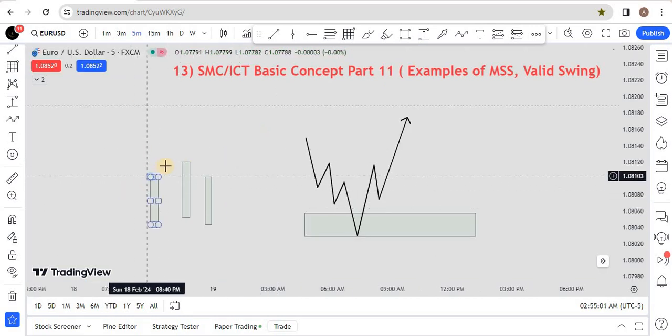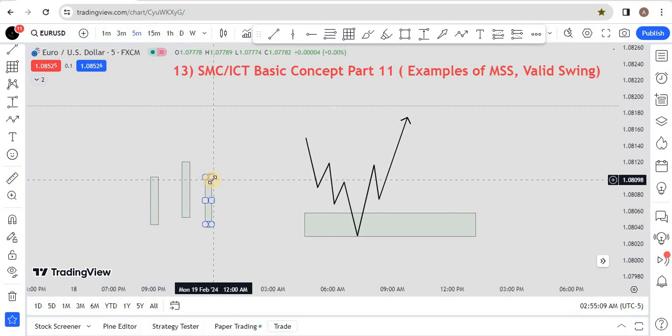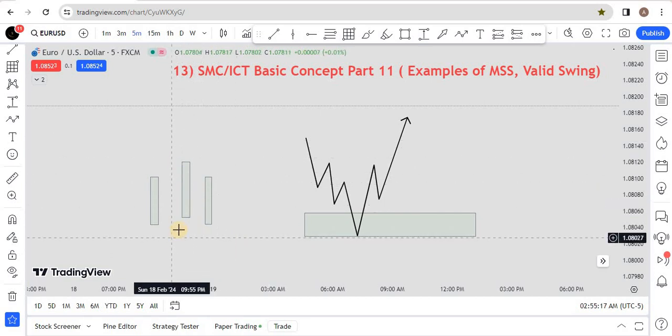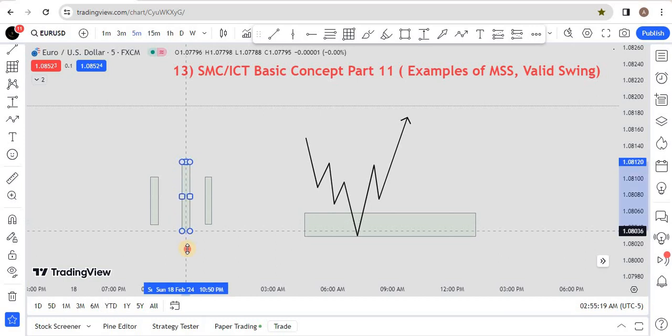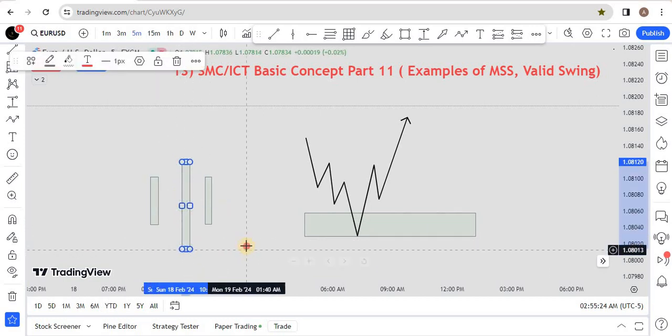In the previous video I showed you what a valid swing point is. To be a valid swing point, for a bullish scenario, the candles before and after a candle did not break the high of that candle. For the downside candle like this, the first and third candles should not break its low.